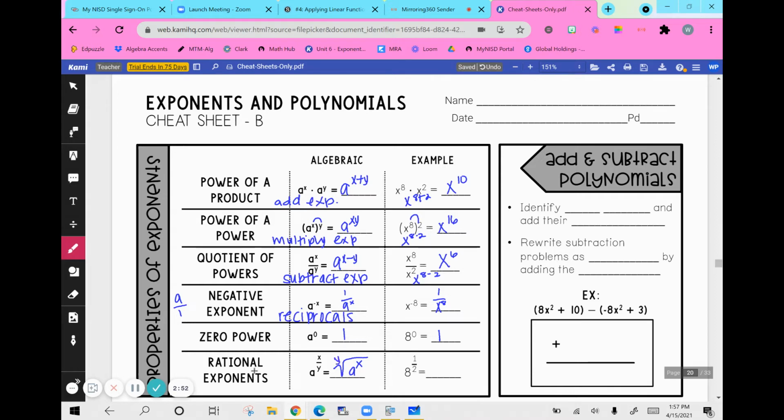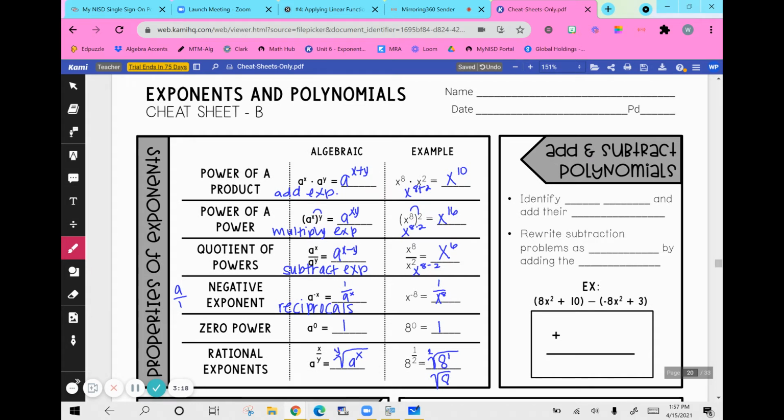And on the outside will be your root. So however many you're taking, like a square root. So for this one, 8 to the 1/2 power would be the square root of 8. Our numerator is 1. So we really don't have to say 8 to the 1st power, but this is what it would look like. And square root usually means, well, it does mean 2. So you really could just write it as square root of 8. Okay.